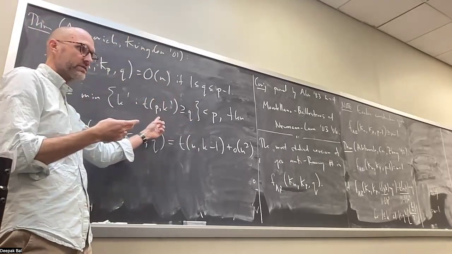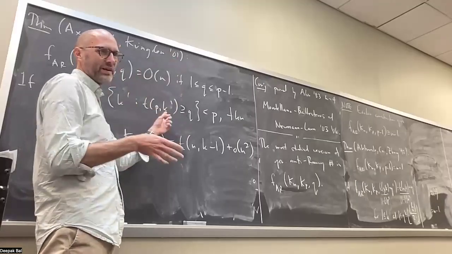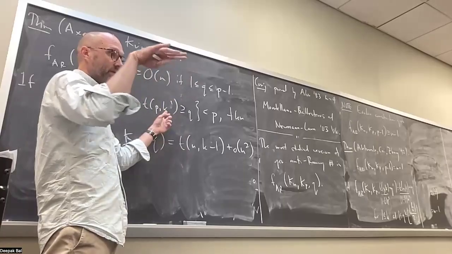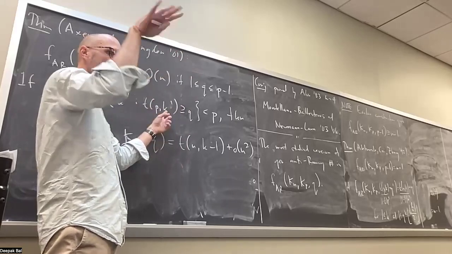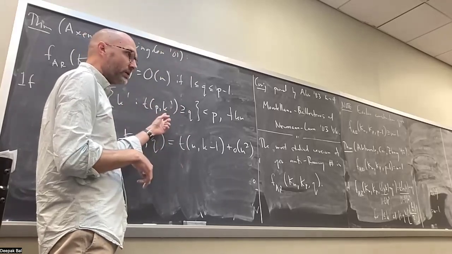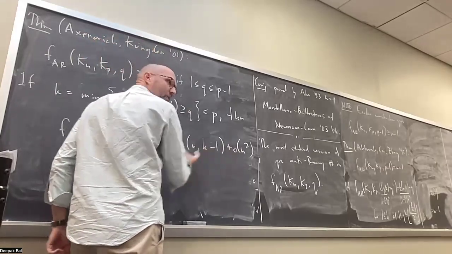So initially, when k prime is 1, you have no edges. And as soon as you get to k prime is 2, you shoot up to something around n squared over 4 edges. So you shoot up to quadratic, right?